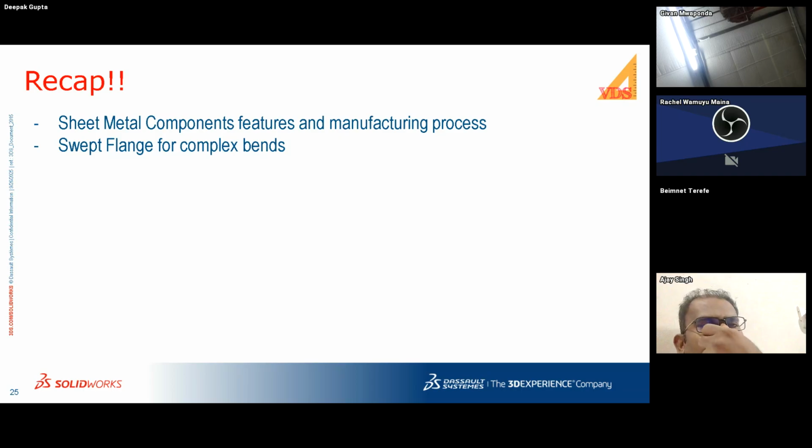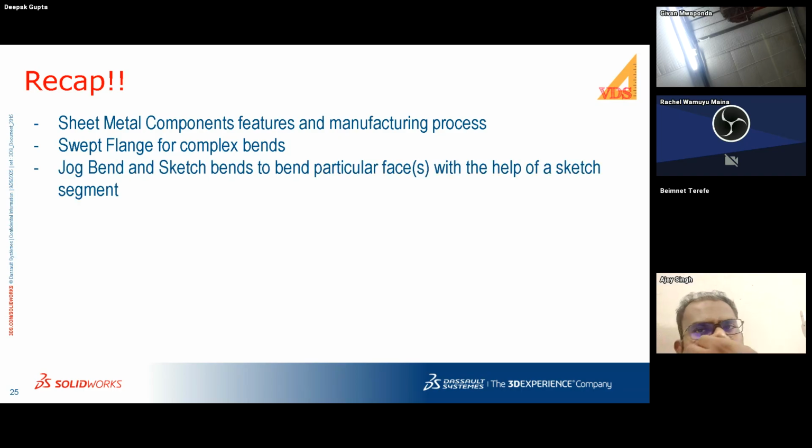We looked at the swept flange for creating the complex bend. In addition to the swept flange, we can also use the miter flange, and it works the same way as the swept flange. The only difference is we do not get a smoothed out corner, so we might need to add additional welding onto the corners to make them smooth.